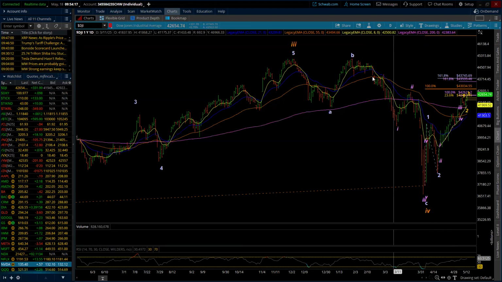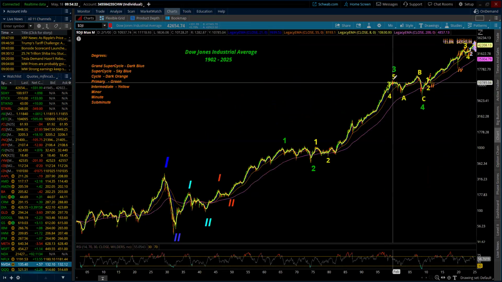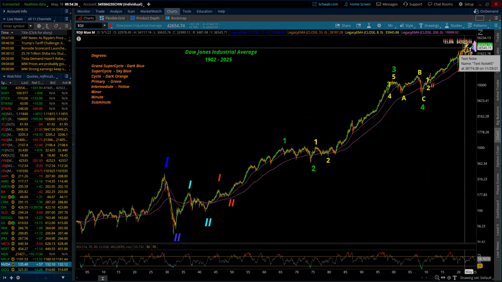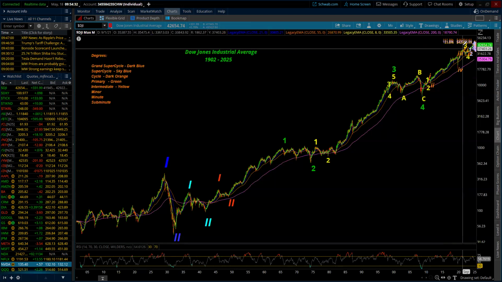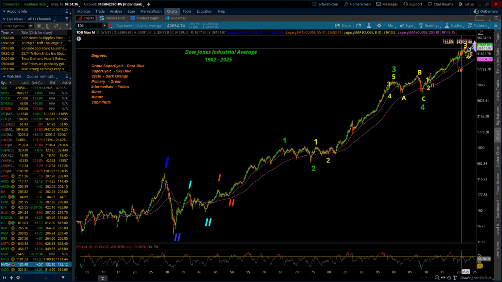Actually, those of you who have followed me for years, I've got to tell you, this is a high. No, not there. This is the high back in 2022, where I felt that the market was completing primary 5 and cycle wave 3. Well, I was a little bit off.